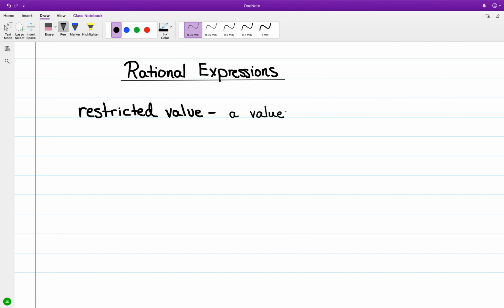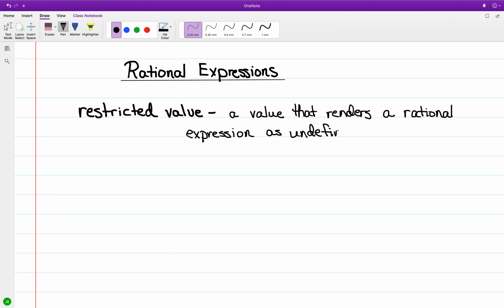Okay, so you have a value that's going to render, again, a rational expression as undefined in the real number system.